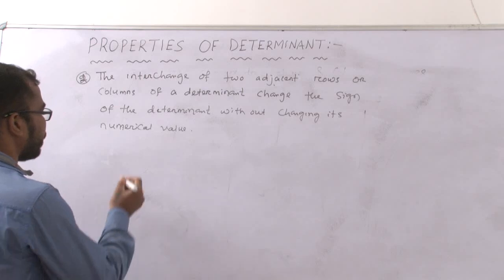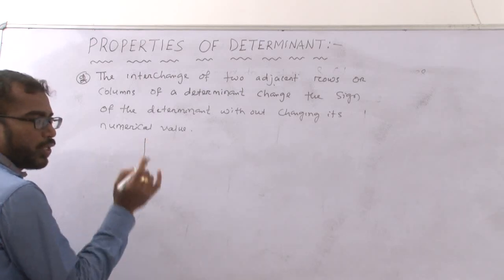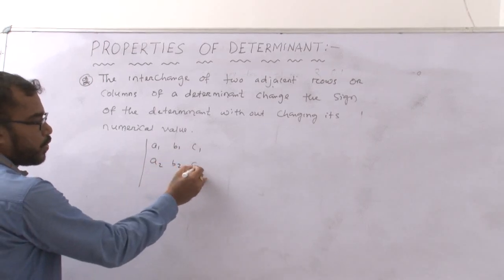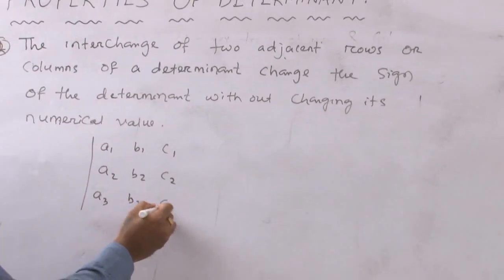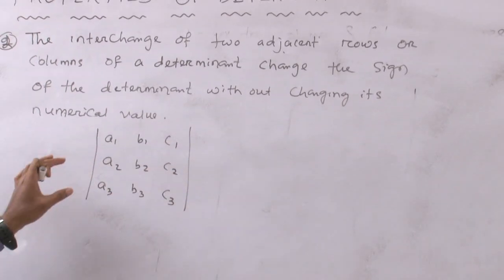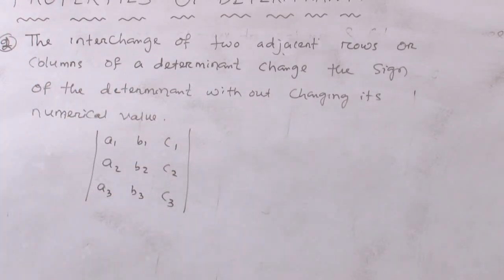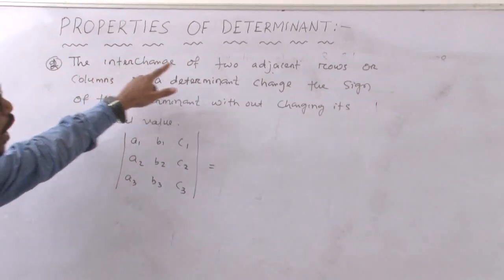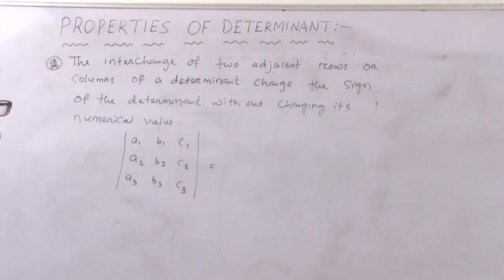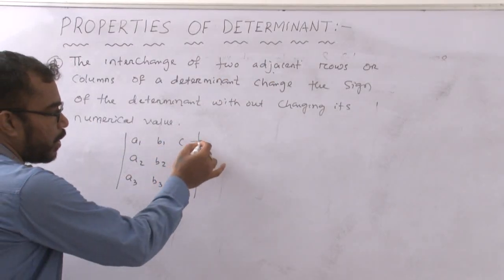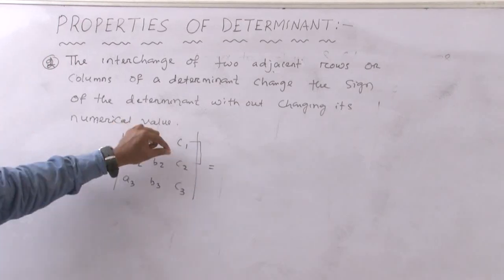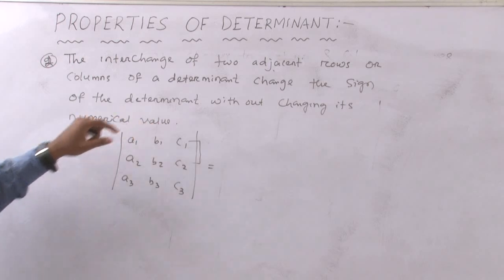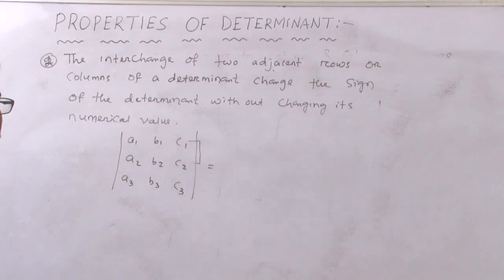That means, suppose we take a third order determinant, A1, B1, C1, A2, B2, C2, A3, B3, C3. It is a determinant of third order. If we interchange two adjacent rows, that means the two nearer rows or columns, first we discuss rows.